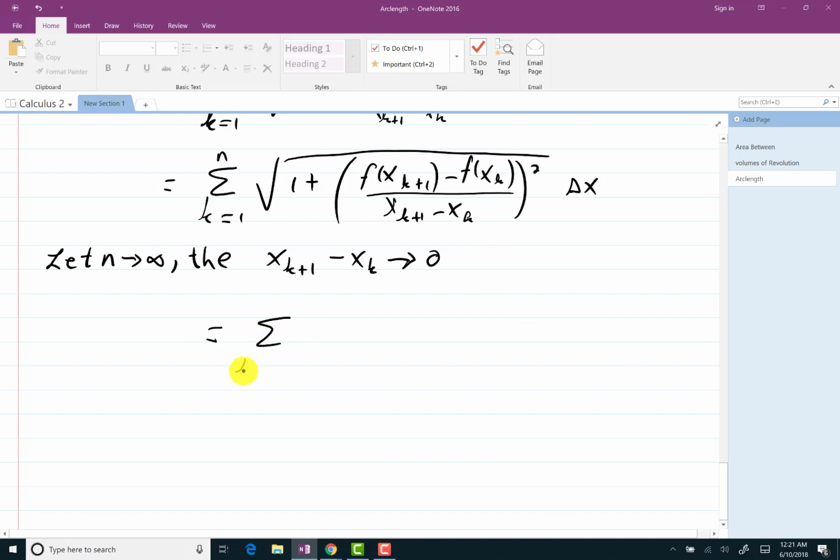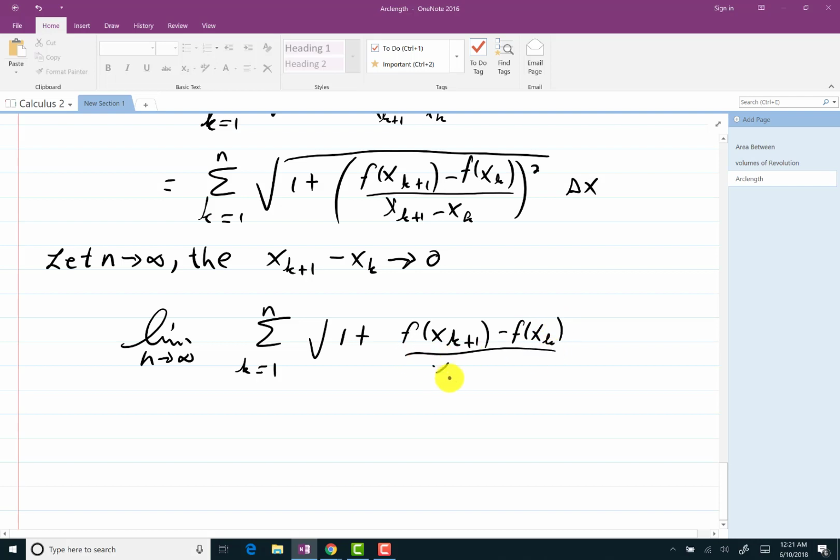Summation k equals 1 to n. We get the limit, and we know what this is.